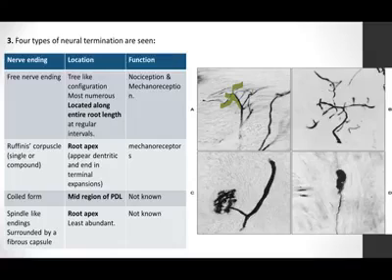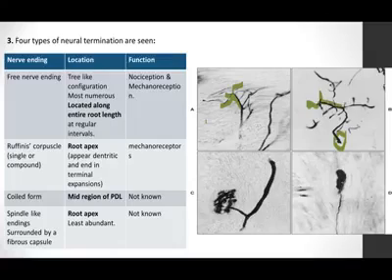Then we have the second type of termination, called the Ruffini's corpuscle, where the nerve terminates in a dendritic fashion. It has lots of dendrites, and the end of the dendrite is swollen. As you can see here, the end of the dendrite is swollen, or we say that it has a terminal expansion.